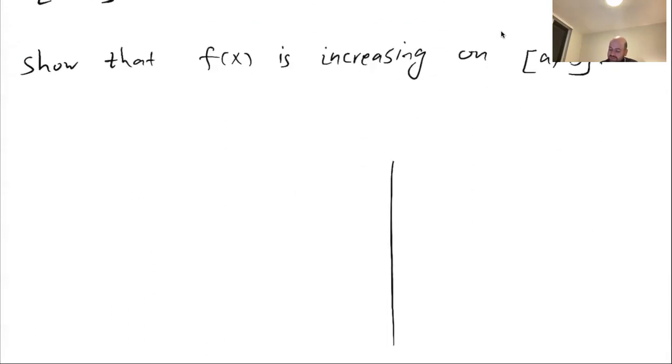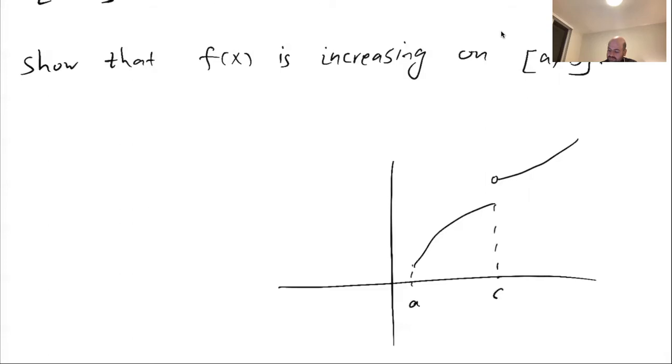Okay, so I have two intervals, A to C, and then C to B. The function is increasing between A to C, also increasing between C to B. And I want to show that it is increasing between A to B. How can I do that?